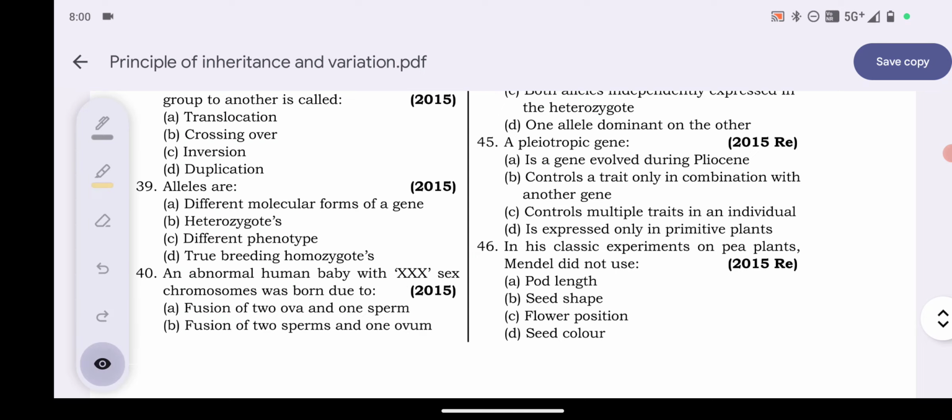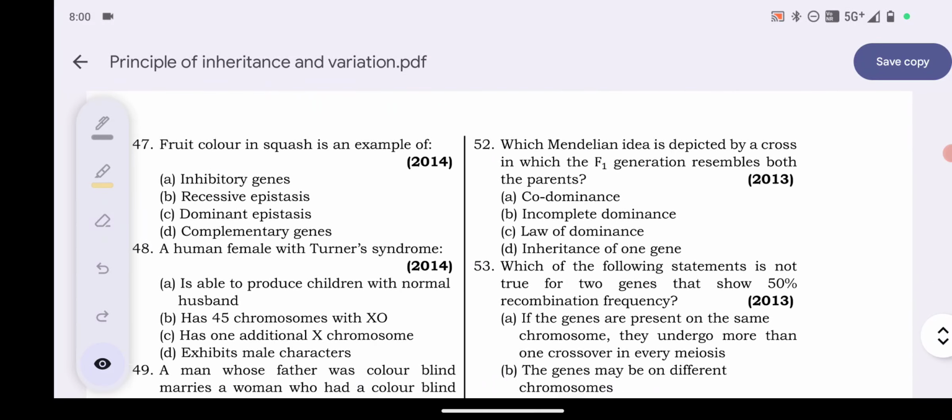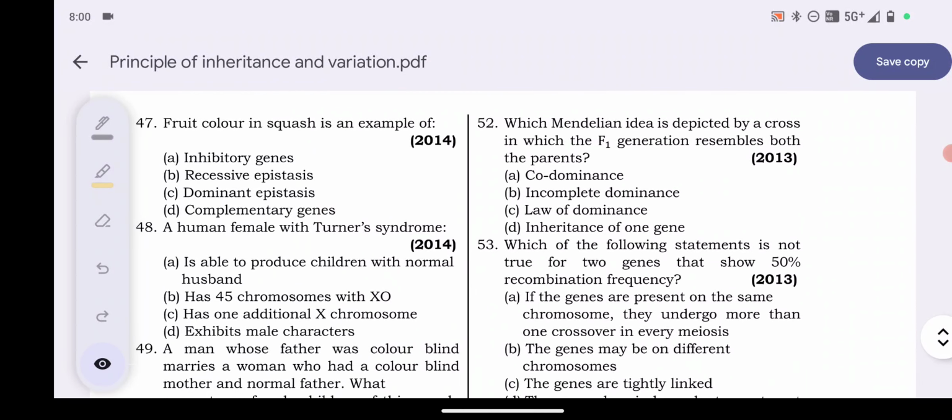Next one, question number 47. Fruit color in squash is an example of: option A, inhibitory genes; option B, recessive epistasis; option C, dominant epistasis; and option D, complementary genes.